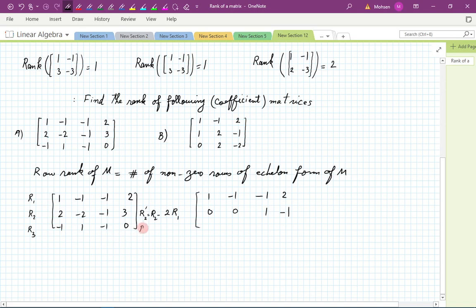And my row number 3, well, that's going to be the row I have here. If I just add to it row 1, what happens? This becomes 0, this becomes 0, this becomes minus 2, and this becomes 2.